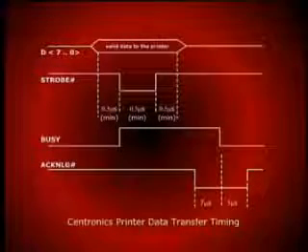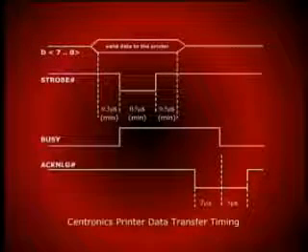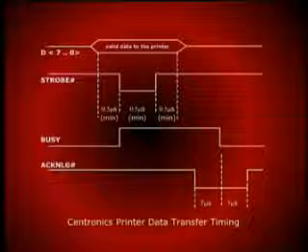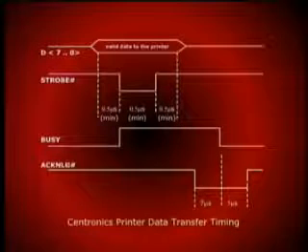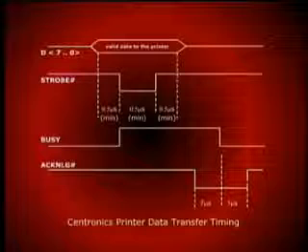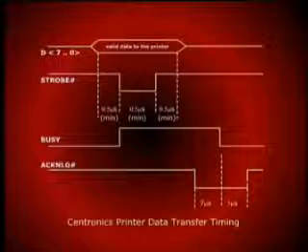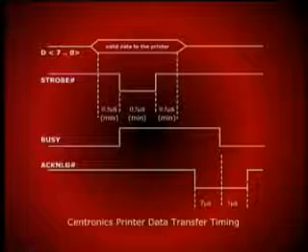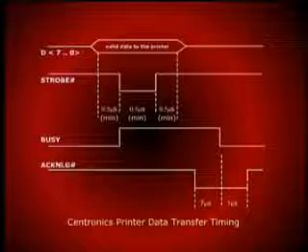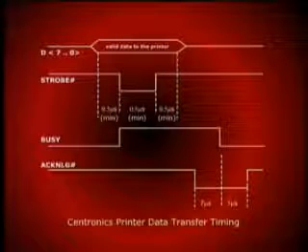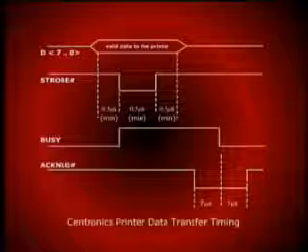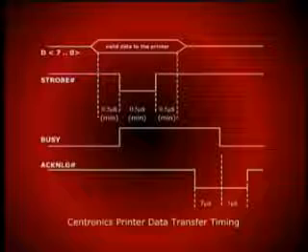The three signals, strobe, busy, and acknowledge, form a set of handshaking signals. By using these signals, the CPU can communicate asynchronously with the printer, as shown in the timing waveform.